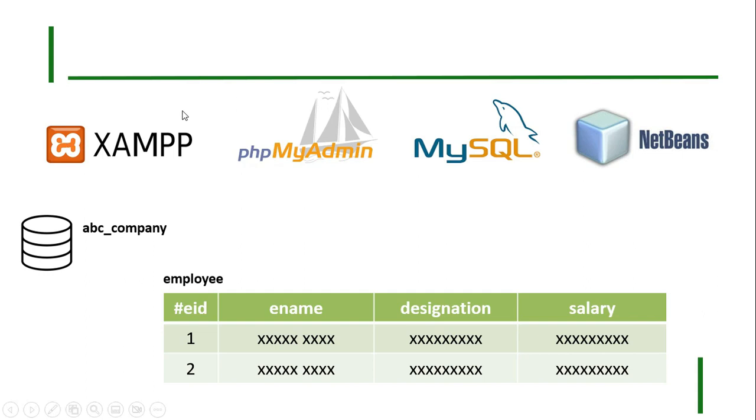So first thing that we will require is XAMPP. In XAMPP we will be using phpMyAdmin, and in that we will be using the MySQL service for creating a table, and that table we will be connecting with a Java application.